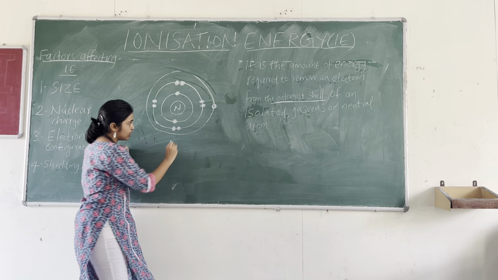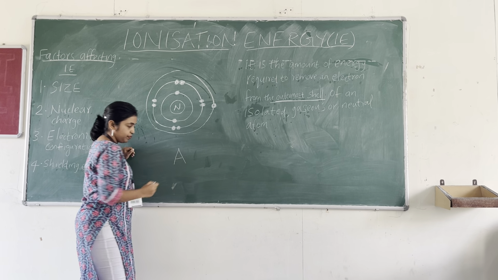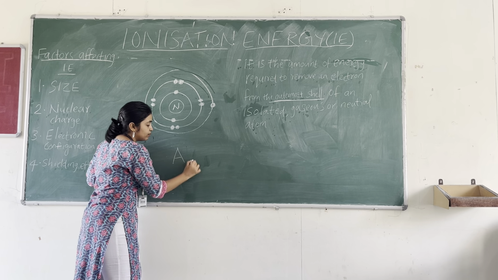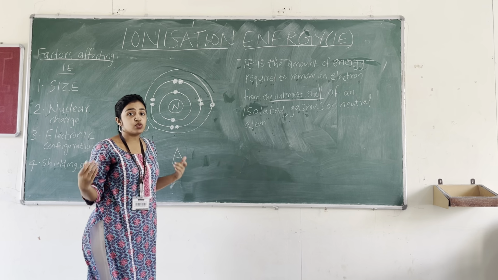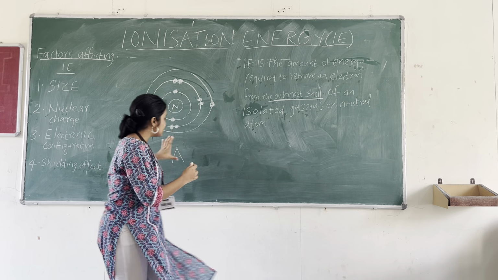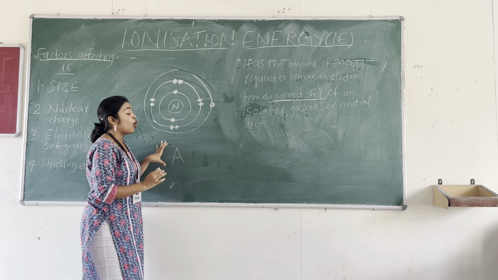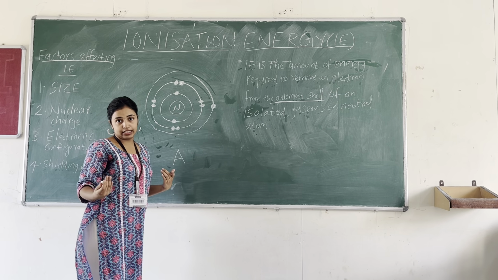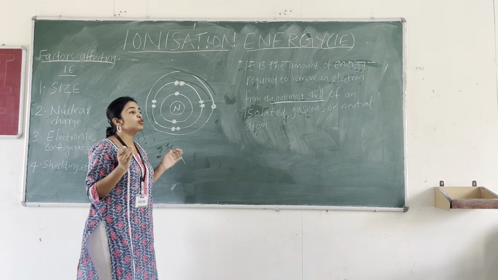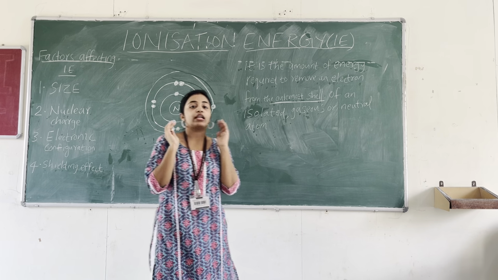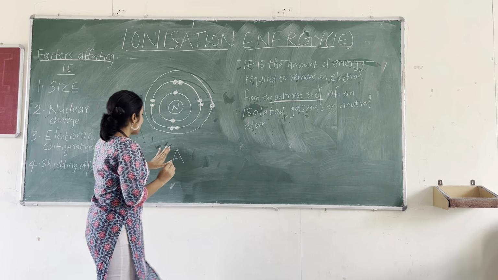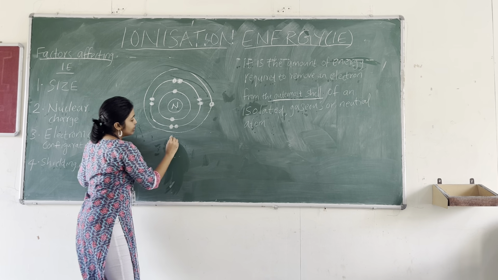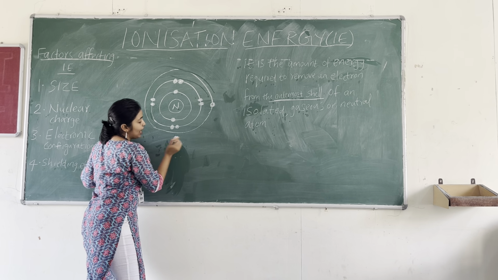Isolated means, just take A as atom, near this atom there should not be any other atoms or molecules or ions. And this atom should not be in contact with any other atoms, or in reaction with any other atom. That means this atom should stand alone. Okay, that means isolated. So if this atom is A, it should be isolated.